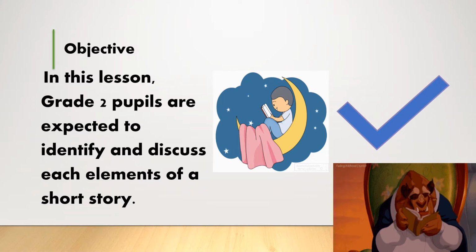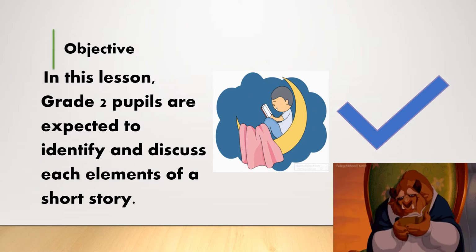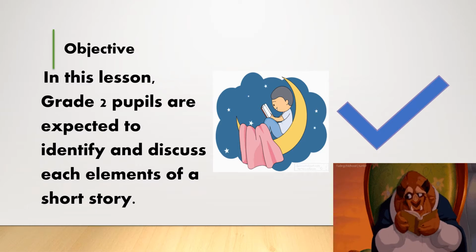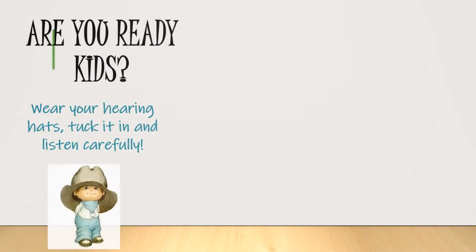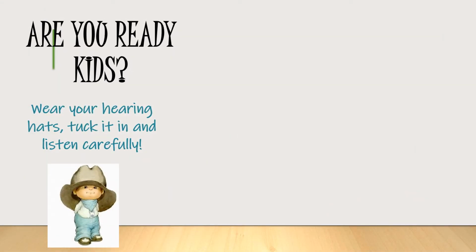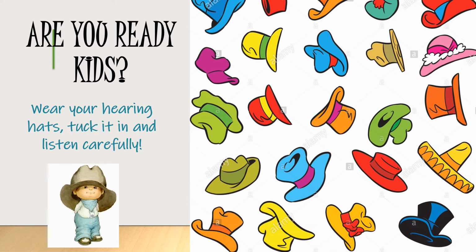In this lesson, grade 2 pupils are expected to identify and discuss each element of a short story. Are you ready, kids? Wear your hearing hats, tuck it in, and listen carefully.